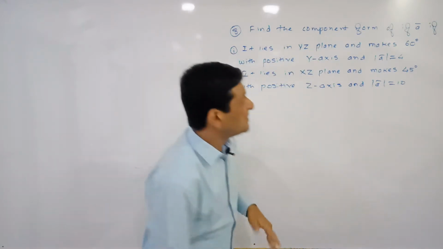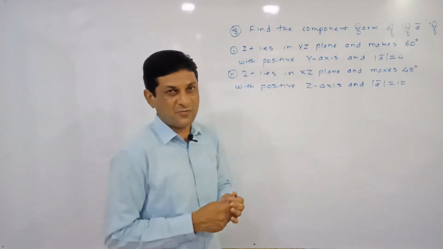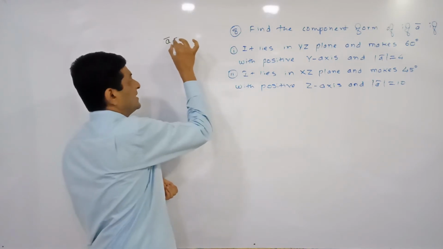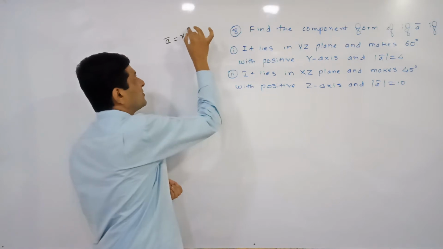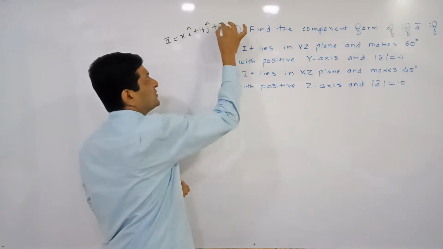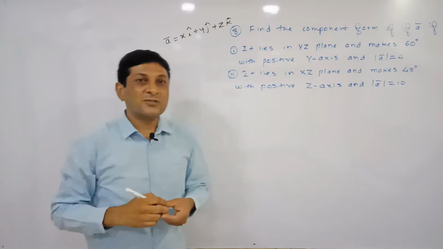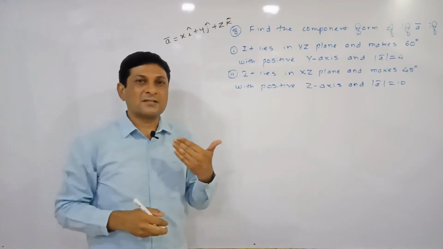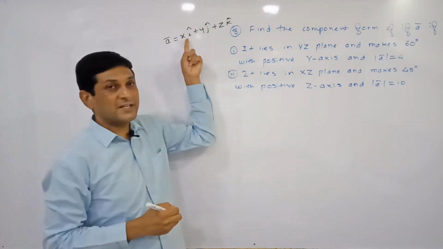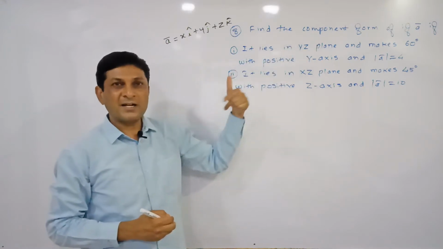So now try to understand when we can say that the representation of a vector is in component form. If we are expressing the vector, suppose here the vector is A bar, in terms of i cap, j cap, k cap, meaning in this form x i cap plus y j cap plus z k cap, such a representation is called component form, or it is also called representation of a vector in Cartesian form.